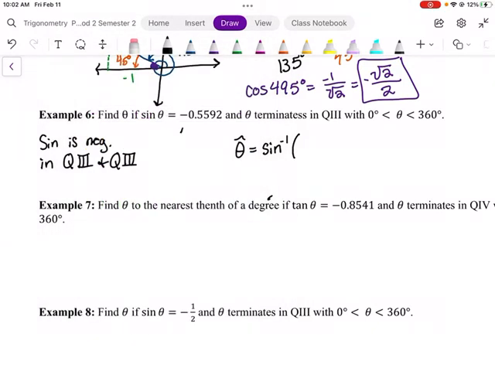So on here, when you type it in the calculator, do not type the negative. So in your calculator, you are just going to type the inverse sine of 0.5592. And by doing that, this is going to tell us what our reference angle is.